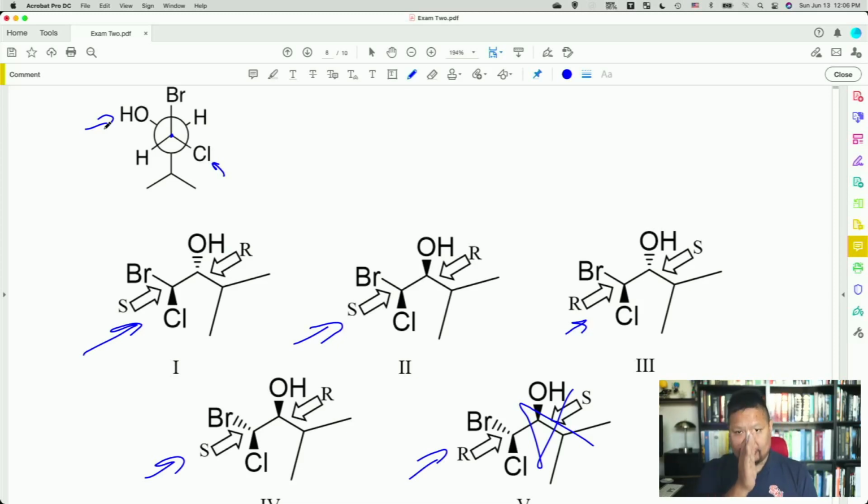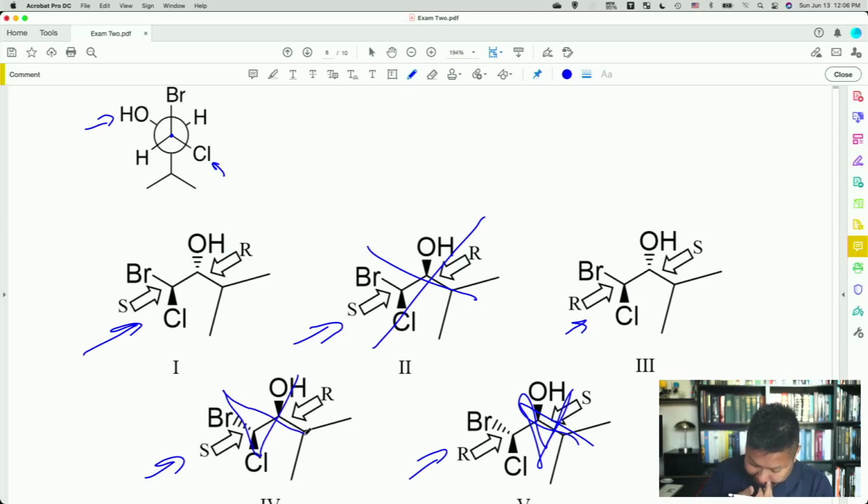If you picked it up and looked at it like this, the chlorine, when it's coming out at you, needs to be opposite the hydroxide. It cannot be this one because that has the chlorine and the hydroxide on the same side. And it cannot be this one because that has chlorine and oxygen on the same side. And it can't be this one either because that has the chlorine and the hydroxide on the same side. So it's between these two.